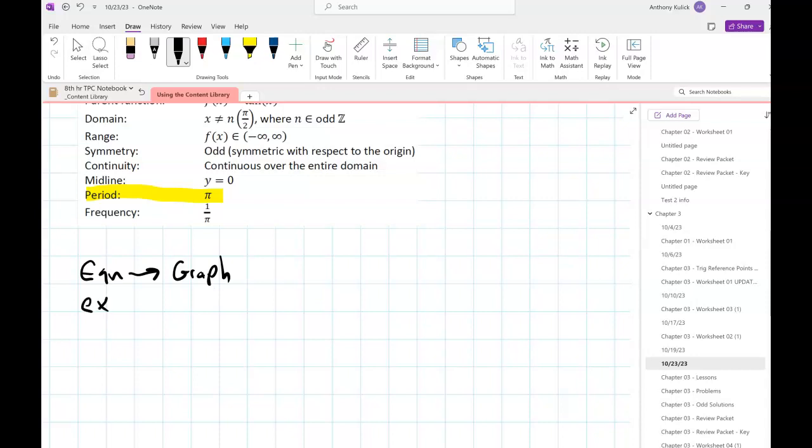So let's say we have y equals negative tan of x over 2.